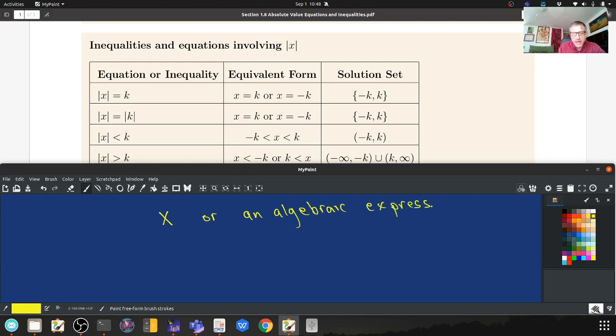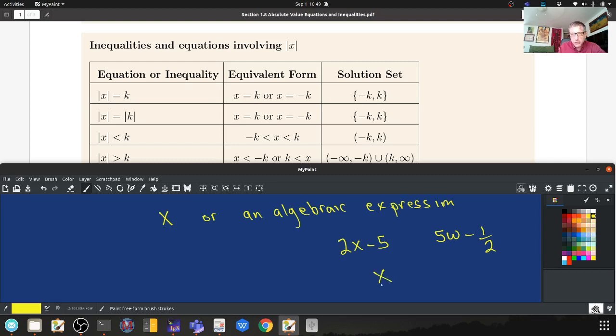So what would be an algebraic expression? Well, it could just be any constant number, but something like 2x minus 5, that's a linear polynomial in the variable x, or 5w minus 1/2, etc. So x here is standing for any algebraic expression.